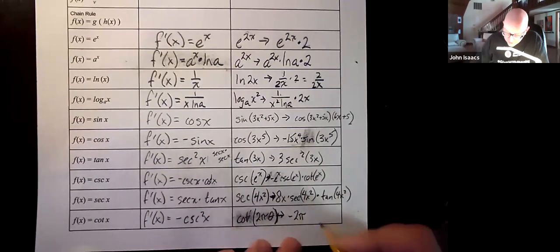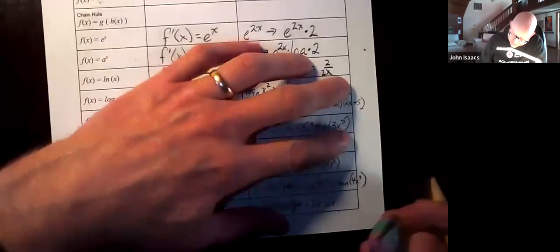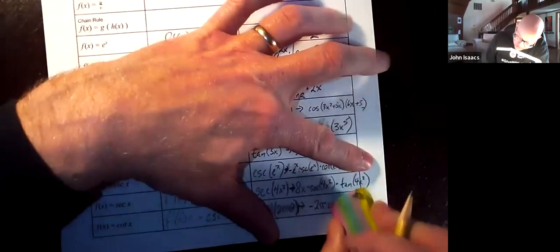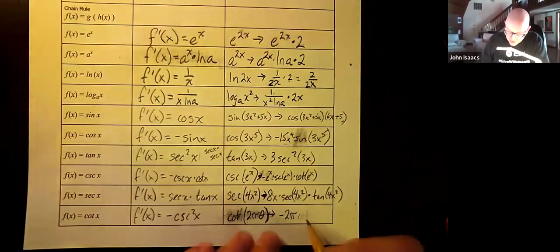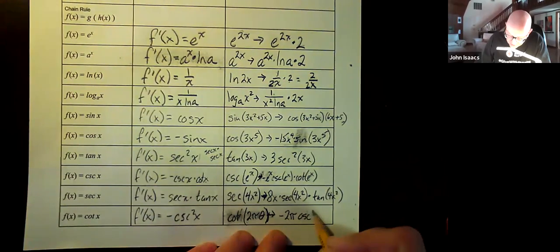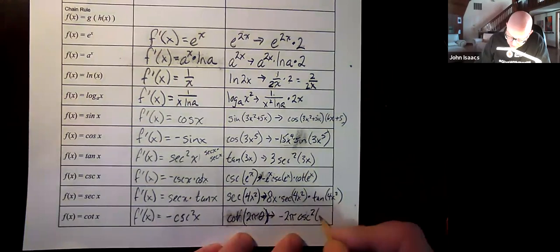Then cotangent. Nope, that's not right. The derivative of cotangent is not cotangent. The derivative of cotangent is cosecant squared. And then our function is 2 pi theta.